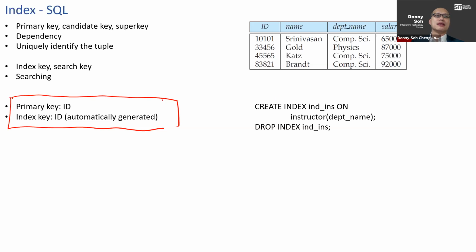In this particular example, we are using the index to uniquely identify the particular record. So this is where an index is built directly on the primary key. This is one scenario.